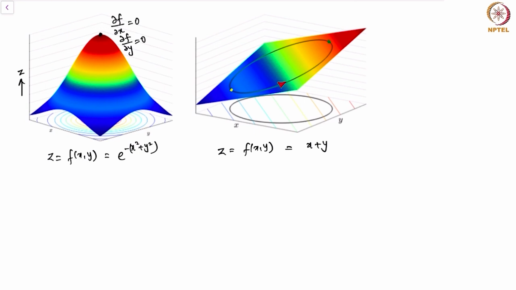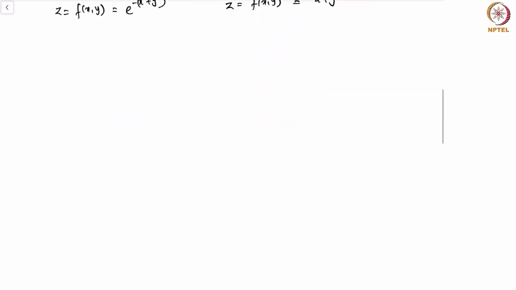Let me illustrate this again a bit more graphically, to show where this tangency condition comes in, and we'll return to this graph. Let's say I consider a function f of x comma y equal to some constant c.